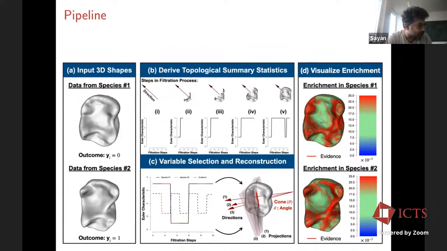And let's say you have data from species 1 or some group of species 1, and then you have data from another group of species 1. So again, think of this as your case control. Okay. And then what you do is in each direction you compute an Euler characteristic curve. And then these curves give you a notion of a direction and a notion of a depth.